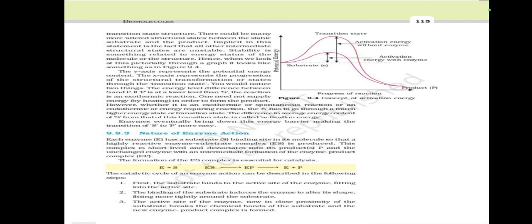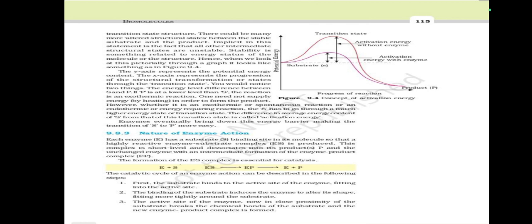Hence, when we look at this pictorially through a graph, it looks something like figure 9.4. The y-axis represents the relative energy content. The x-axis represents the progression of the structural transformation states through the transition state.